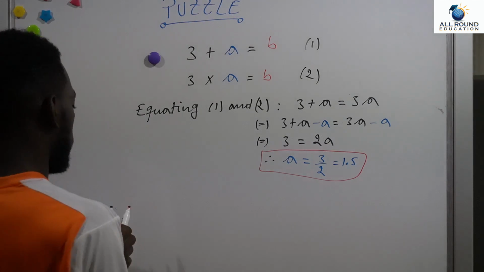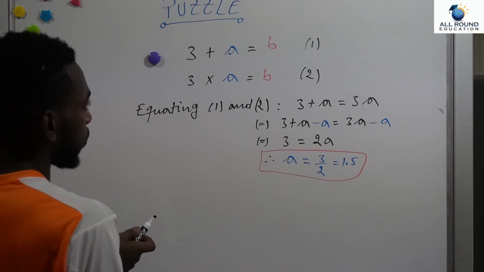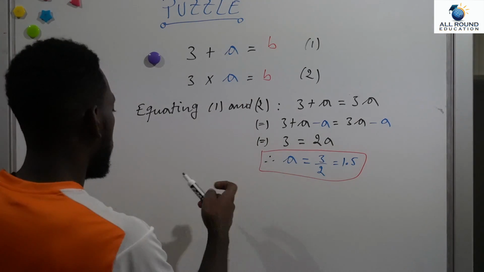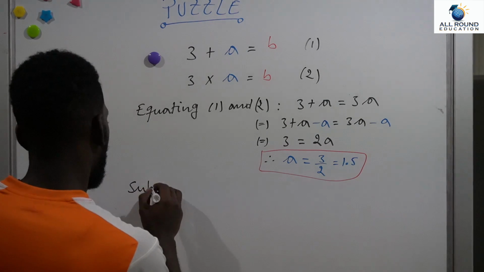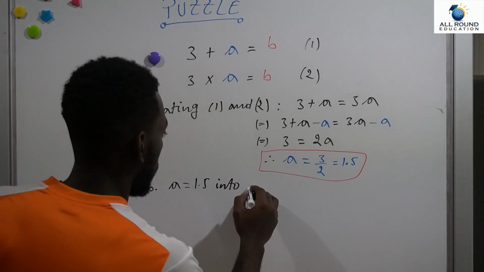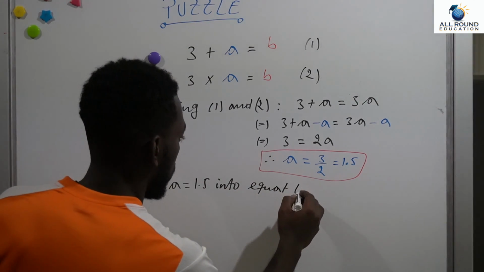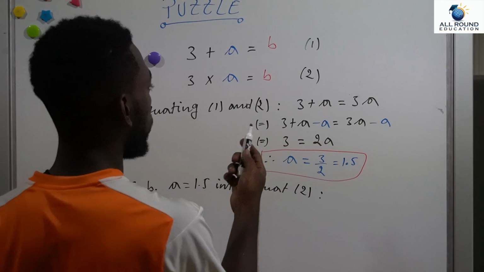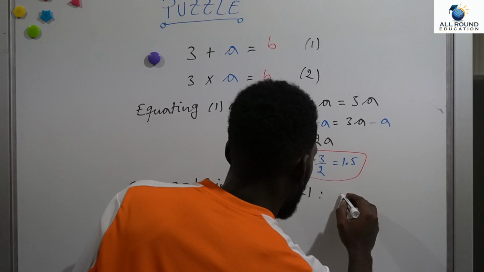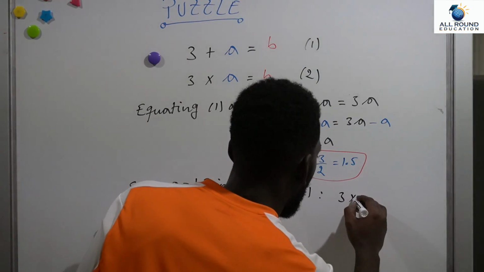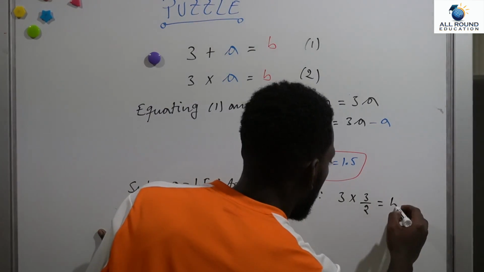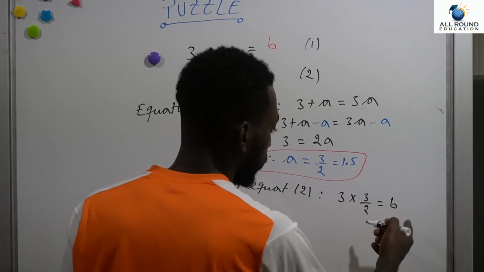Now you can substitute this value into any of these equations. So substitute a equals 1.5 into equation 2, and when you do that, you have 3 times 3 on 2 is equal to b.